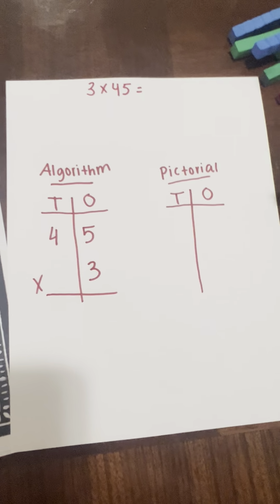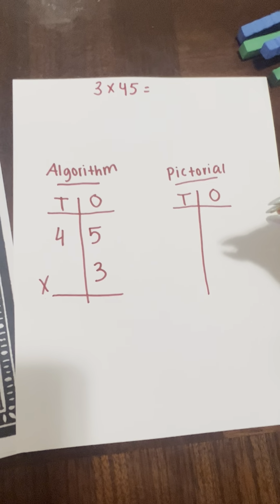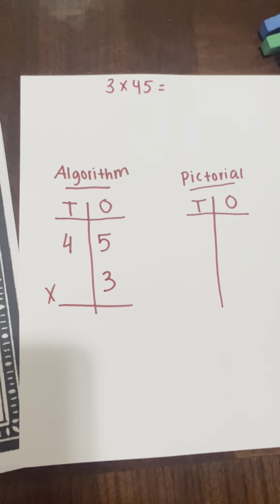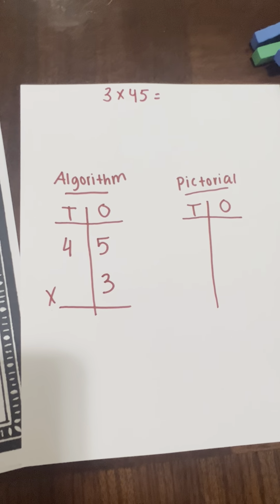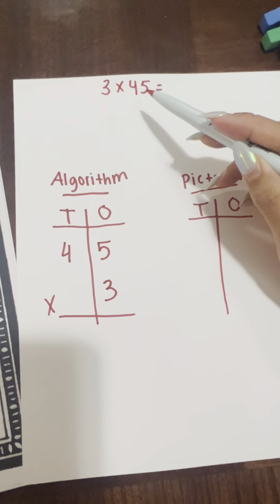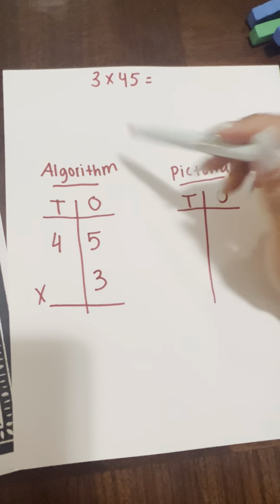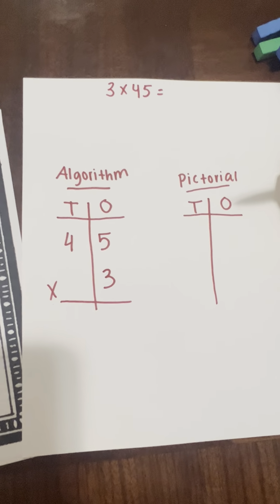In order to build my pictorial, I have to know which number I'm decomposing or breaking down. Students should know that we are breaking down 45 because it is the biggest number between these two, and 3 is already broken down. I can't break down 3 anymore.